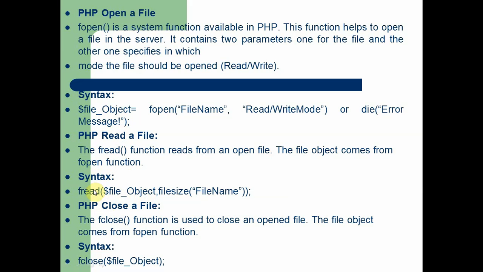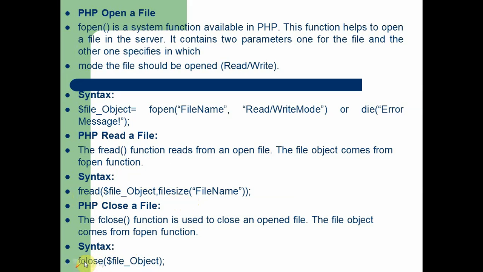So after opening a file, we can read the content by using that object, and we can access the file size, the file name, or the file type. So we can understand fopen, fread, and fclose. fclose is simply to close a file which was already open.